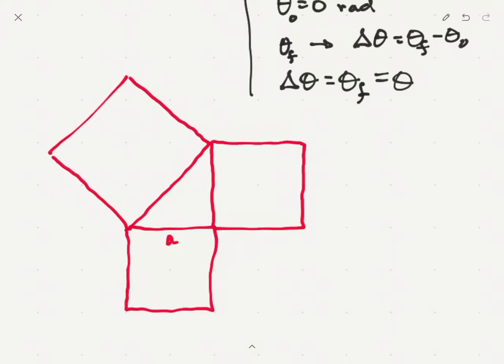Okay, and we say that the sides of this square are A, on this one the sides are B, and on this one the sides are C.